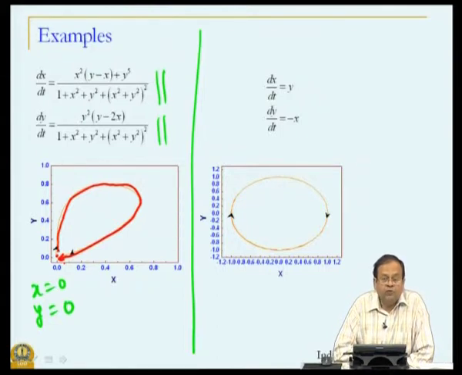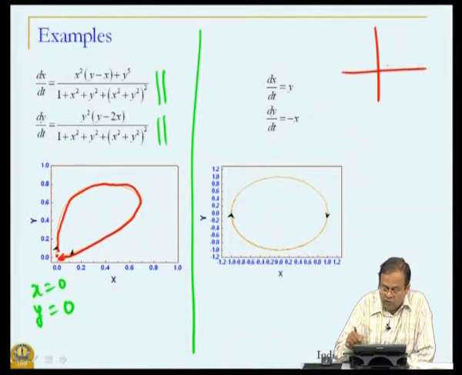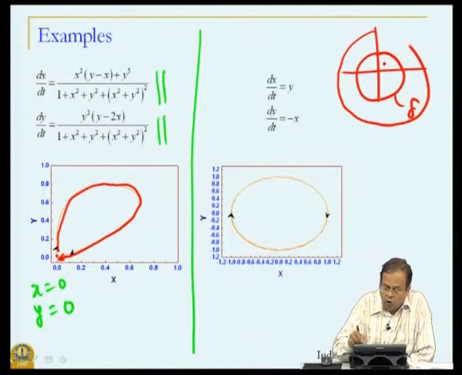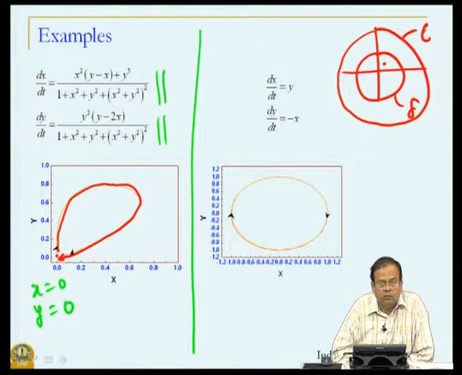But from the definition of stability of the system, remember what was the definition of a stable system? For any starting point within this region delta, our solutions always remained within epsilon.